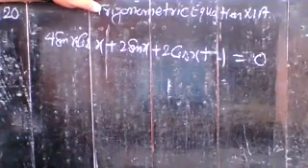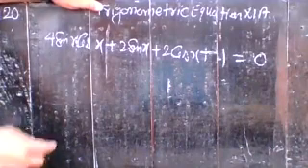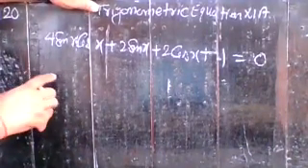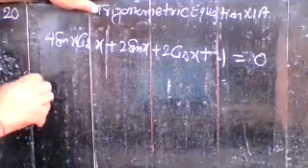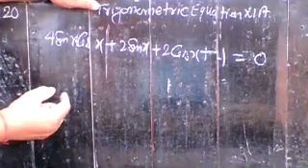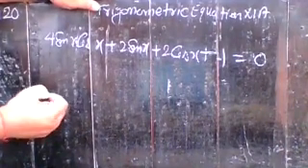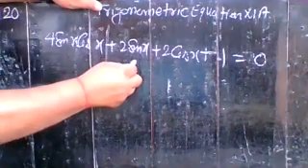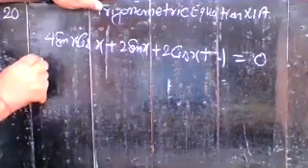First, try to factorize the left side, meaning express the complete left side in the form of factors. So here you have 2 sin x cos x, and here you have 2 sin x, so you can take 2 sin x common.